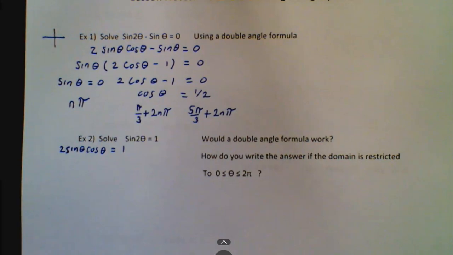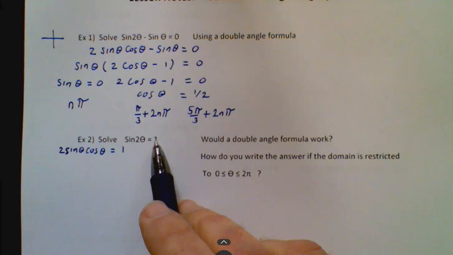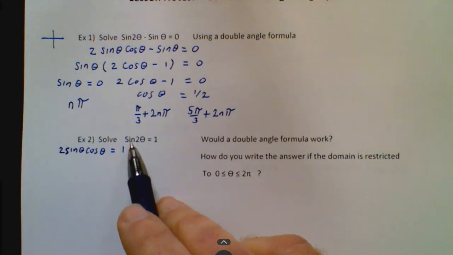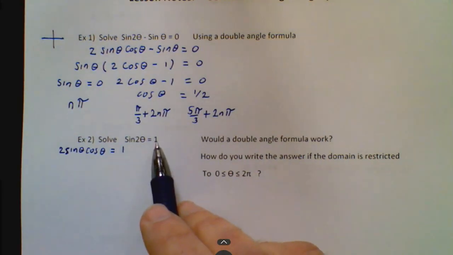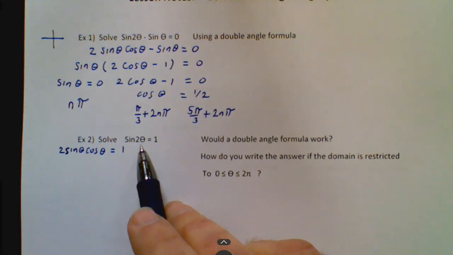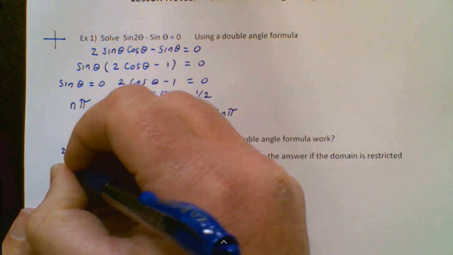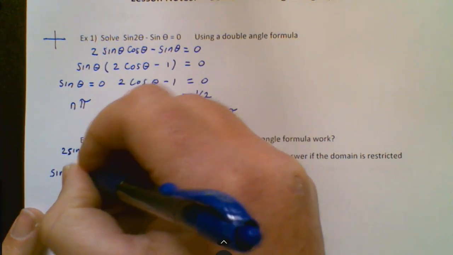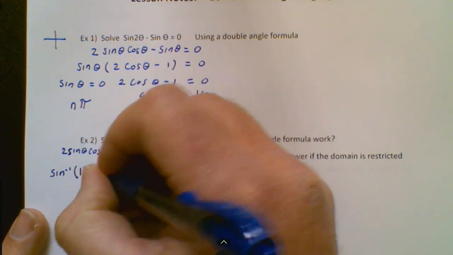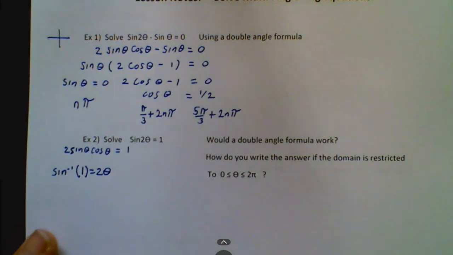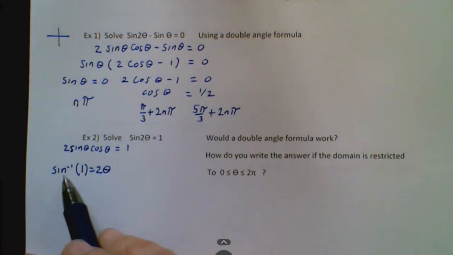So what do we do? In this case, we just turn this into an inverse function. So if we said the inverse sine of 1 equals 2 theta. In general, what's the inverse sine of 1?